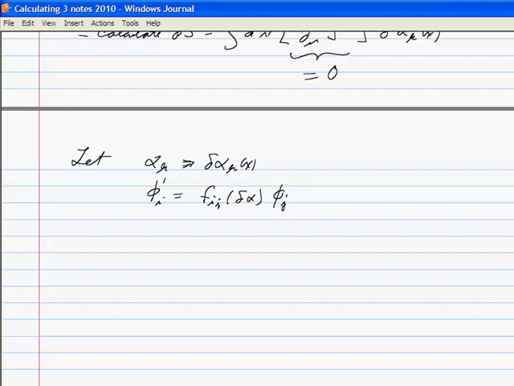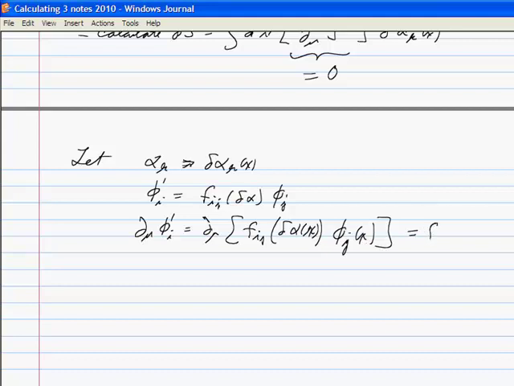But the place where something new happens is if I have derivatives on phi prime, that's the derivatives of f_ij of delta alpha of x, phi j of x. So there's two pieces there.